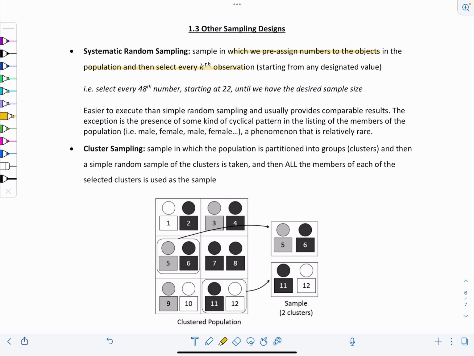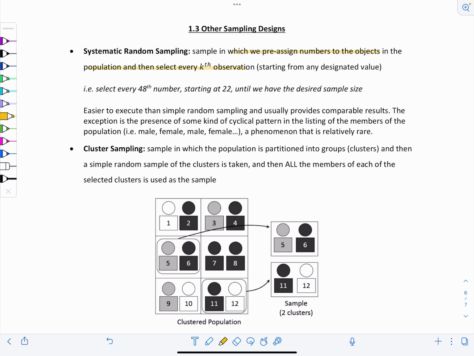I would say, okay, I'm going to start with number 3. Are you number 3? Cool. You're student number 3. You're in my sample. And then I'm just going to keep adding 5. So student number 8, student number 13, student number 18, etc. You're all part of my sample. That's one way to do it. So for example, you would select every 48th number starting at 22 until you have the desired sample size.